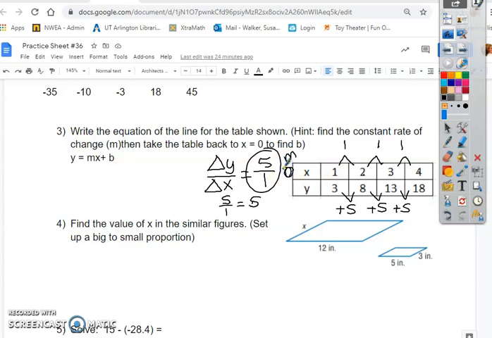Going backwards, we're subtracting. 18 minus 5 is 13. 13 minus 5 is 8. 8 minus 5 is 3. How much is 3 minus 5? That's going to go there. And here's your hint: your b is going to be a negative. So whatever you get, that's what it's going to be. I've basically baby stepped you through this one.